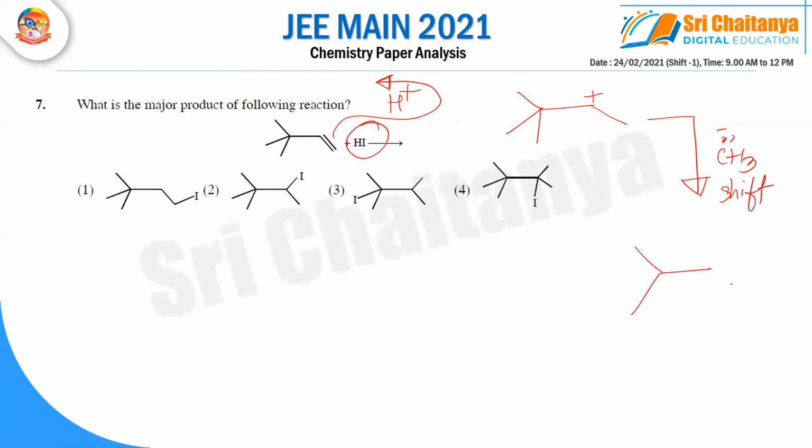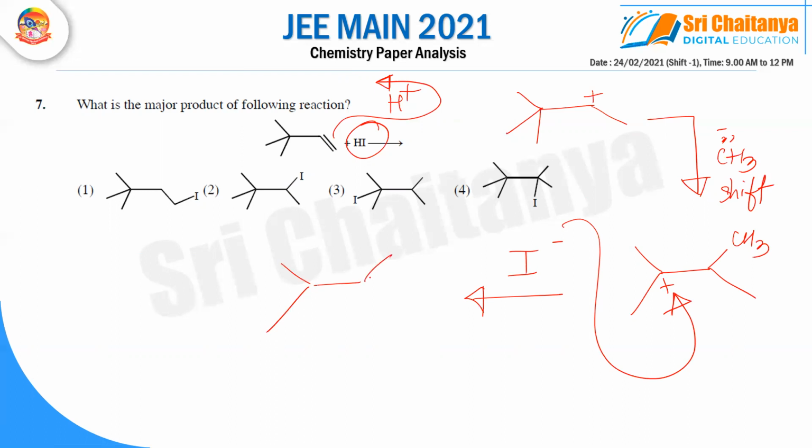And we get a 3-degree carbocation. This I minus, which is waiting in the solution, will attack at this positive center, and we are going to arrive at this particular product, which matches option number 3.